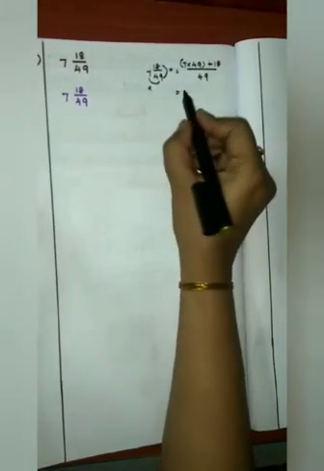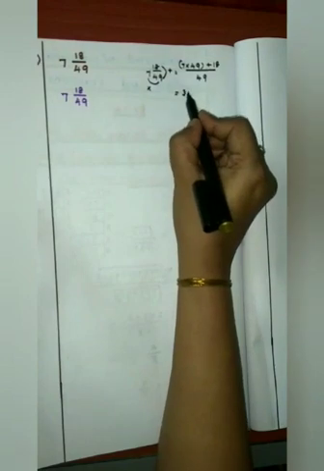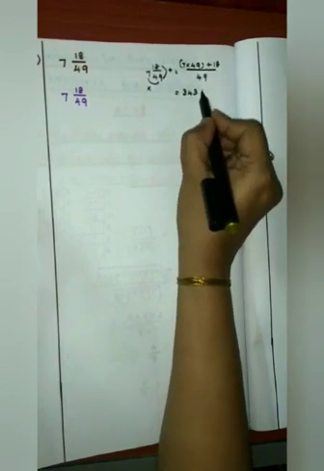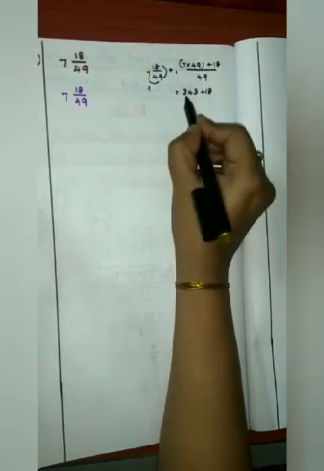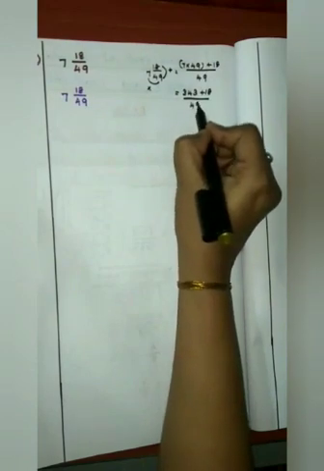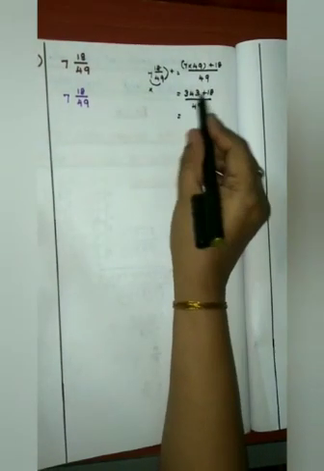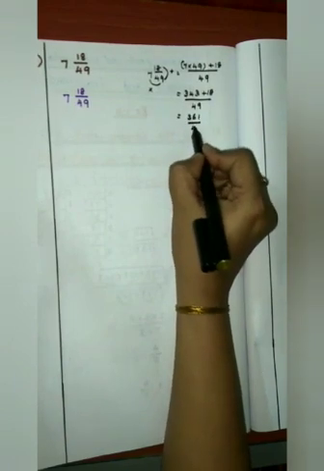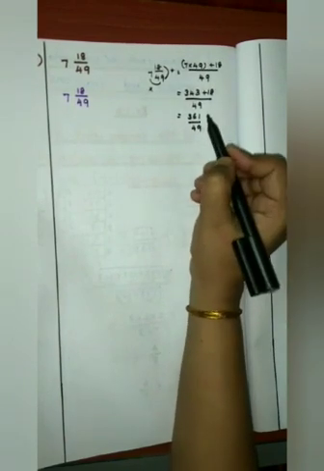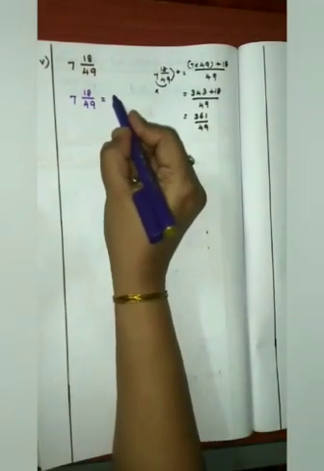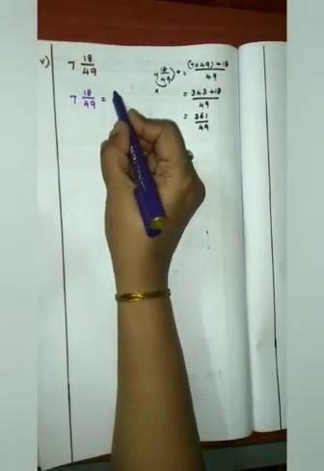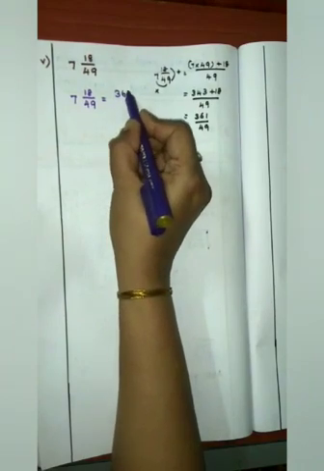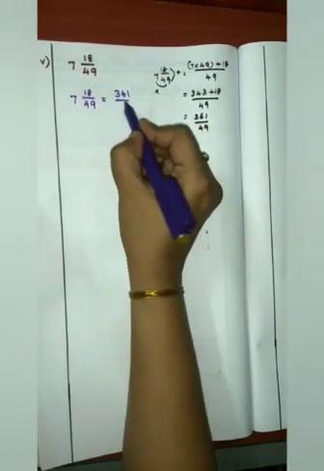So 7 into 49, 343 plus 18 by 49. So when you add, you get 361 by 49. So you write here, this is equal to 361 by 49.